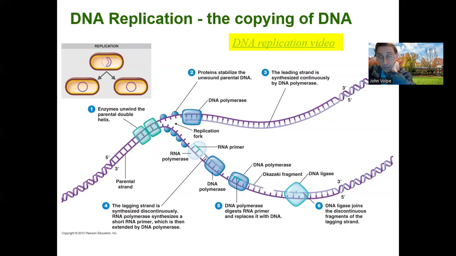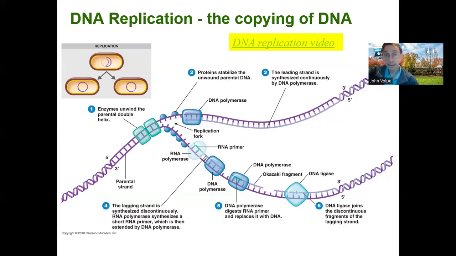What fills in that gap, meaning makes the chemical covalent bond between this nucleotide of DNA and the previous Okazaki fragment, is the enzyme ligase. The DNA ligase works a lot on the lagging strand because it has to link together all the Okazaki fragments. Any question about any of that?